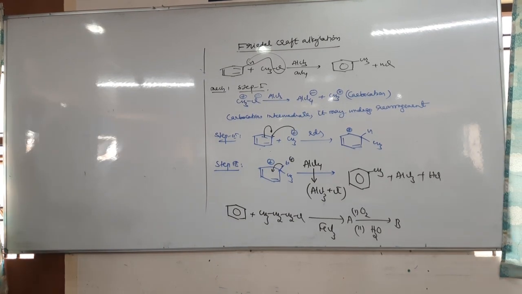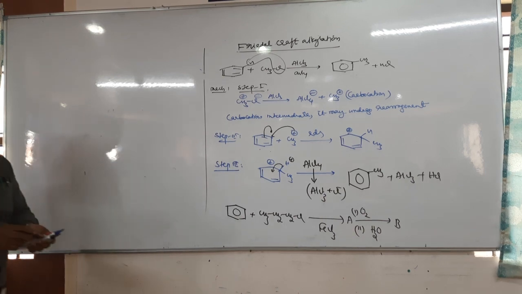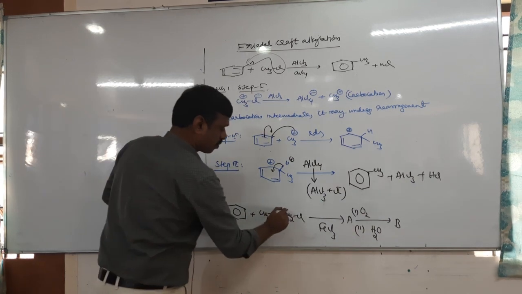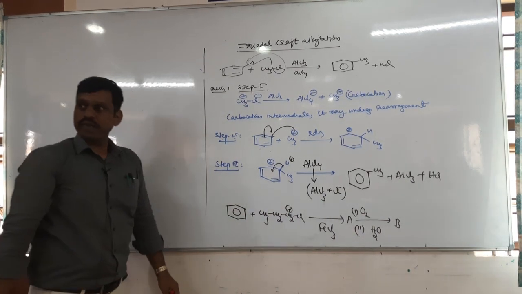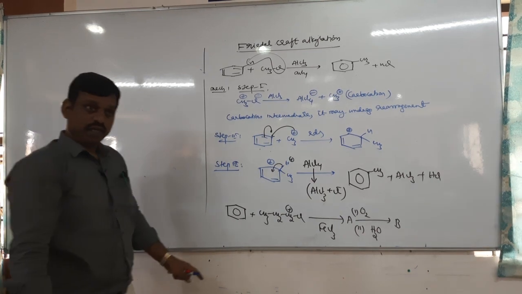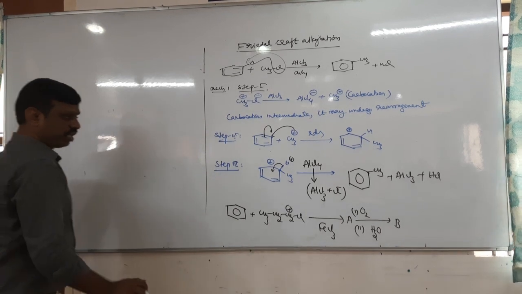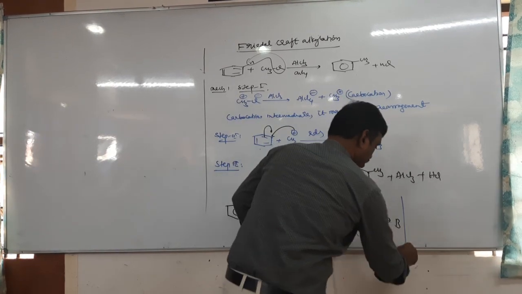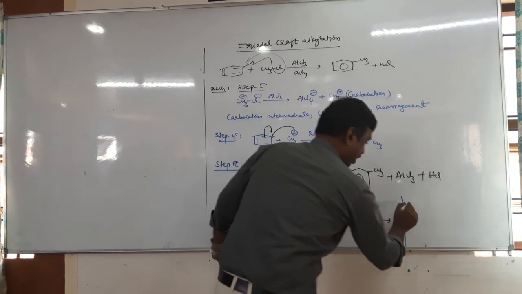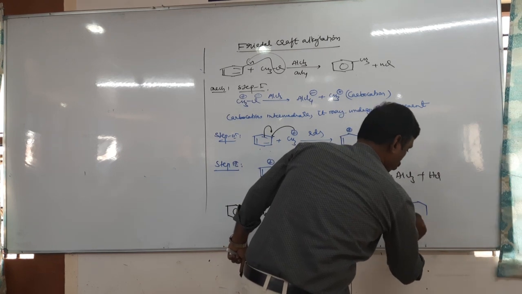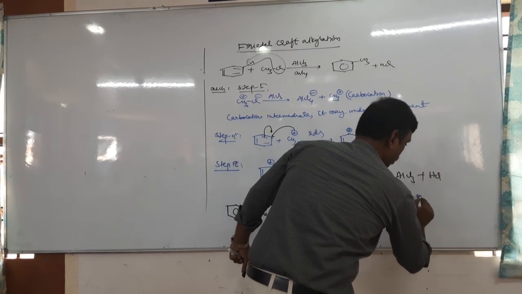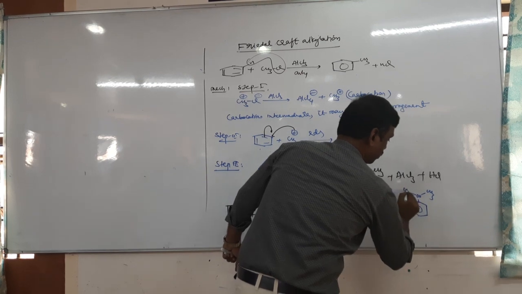So benzene plus propyl chloride, n-propyl chloride. So what is the carbocation? Primary carbocation. Then it undergoes further rearrangement to form secondary carbocation. That secondary carbocation attacks the benzene ring, you will get cumene. Yes or no?